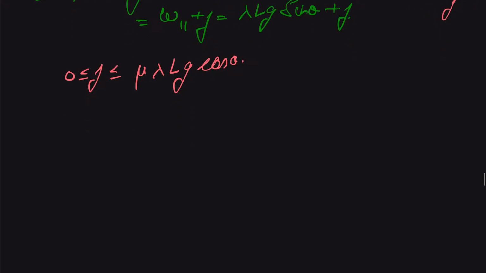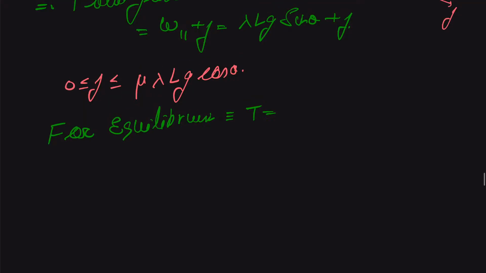And therefore, for equilibrium, we can write our tension T will be equal to lambda L G sine of theta plus the value of the friction, that is mu lambda L G cos of theta.